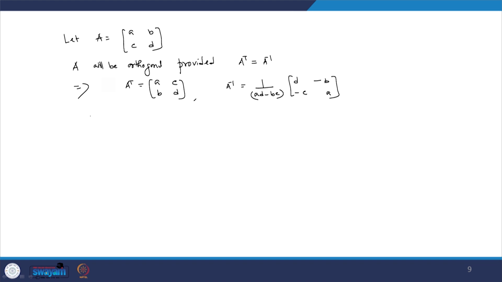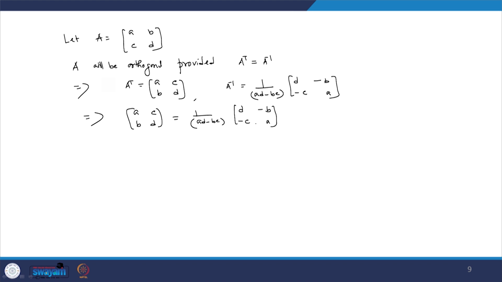So, we have the inverse of A like this. This implies that [a, c; b, d] must be equal to 1 upon a d minus b c into [d, minus b; minus c, a].